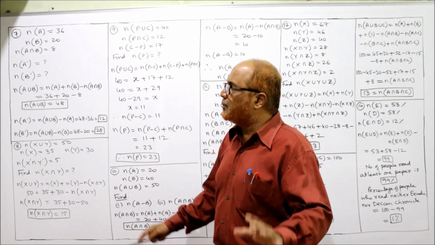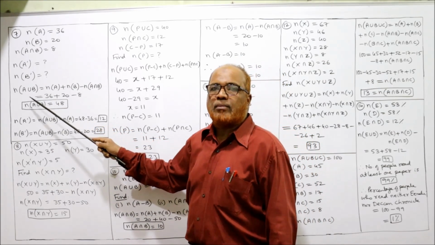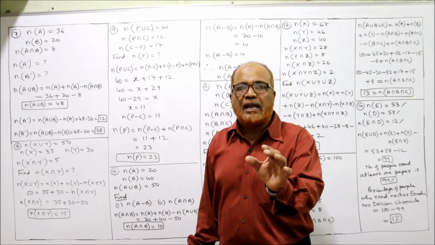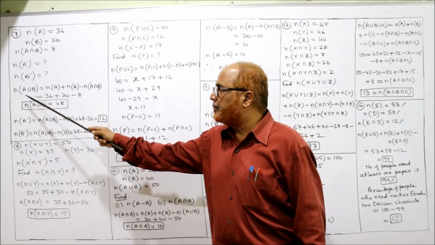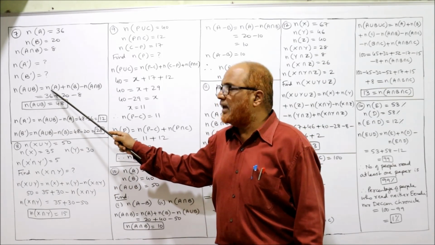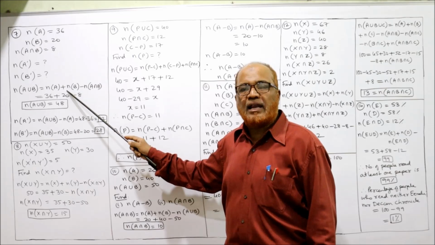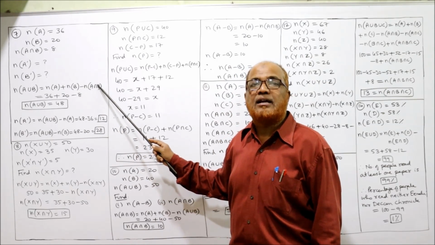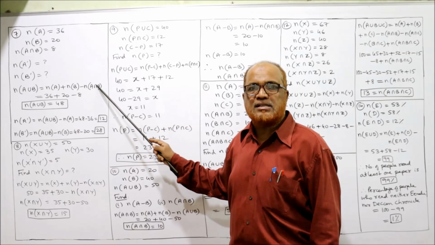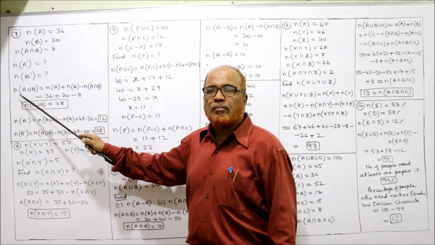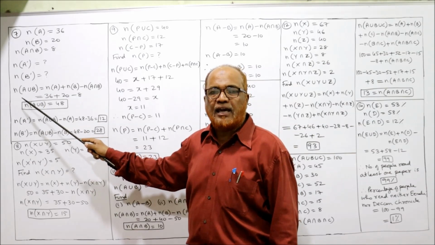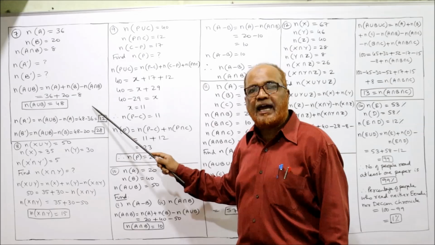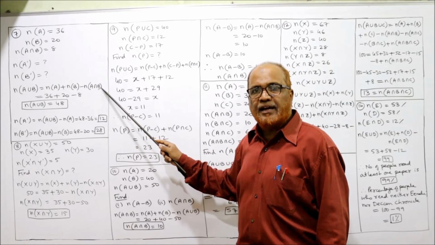Now see carefully here the procedure. First of all, we will apply the formula n(A union B). Number of elements in A union B is equal to number of elements in A plus number of elements in B minus number of elements in common intersection. So simply remember the formula: n(A union B) is equal to n(A) plus n(B) minus n(A intersection B).